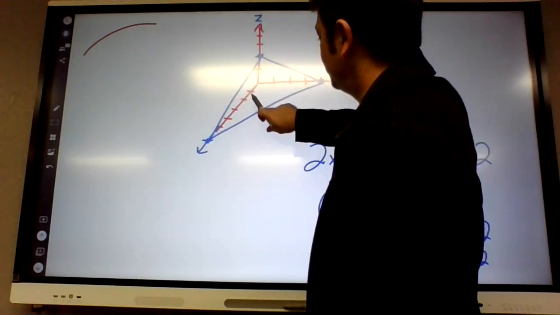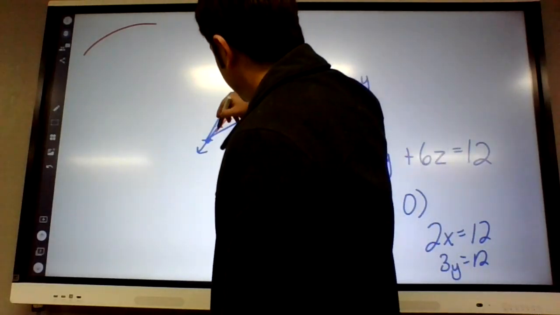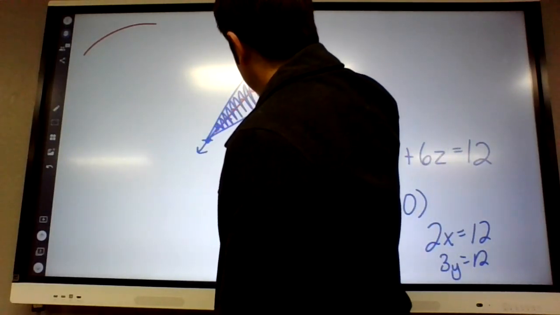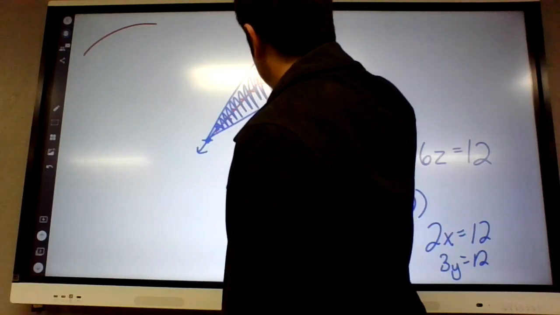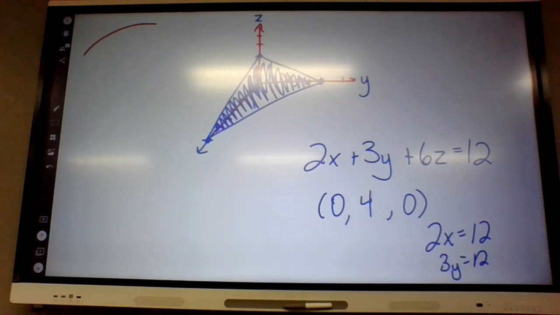It doesn't work as well in SMART Notebook because I can't do light. That's some good shading. It is. It's a real good shade.